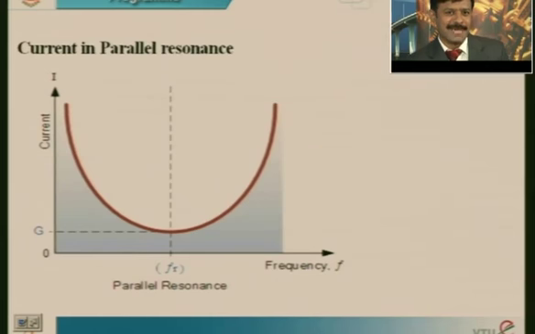If impedance is maximum, that is, if resistance is maximum, current is obviously minimum, because conductance is less, since conductance is equal to 1 by R. So, as R increases, conductance also decreases. You can observe here G is less.